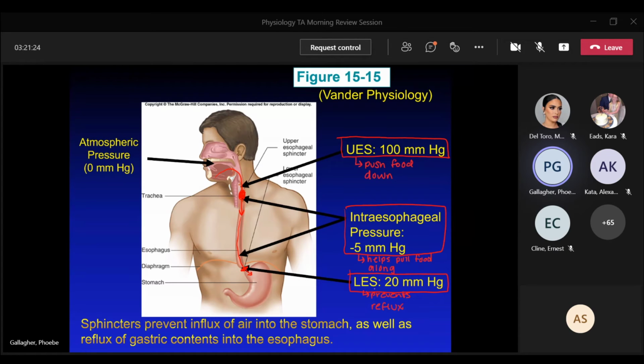But anyways, it is still high enough pressure to prevent reflux, but if there's any deviation from that, it can allow for reflux. Okay, so those are the three pressures. You should memorize those, or at least know which one's the high pressure and which one's the low pressure.